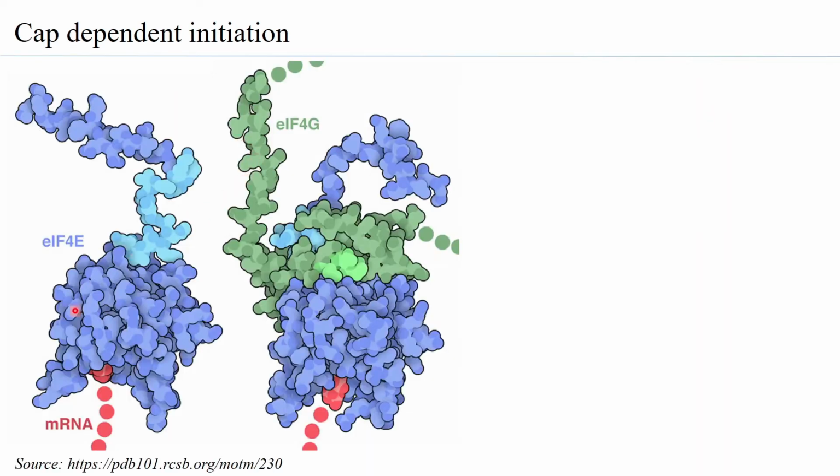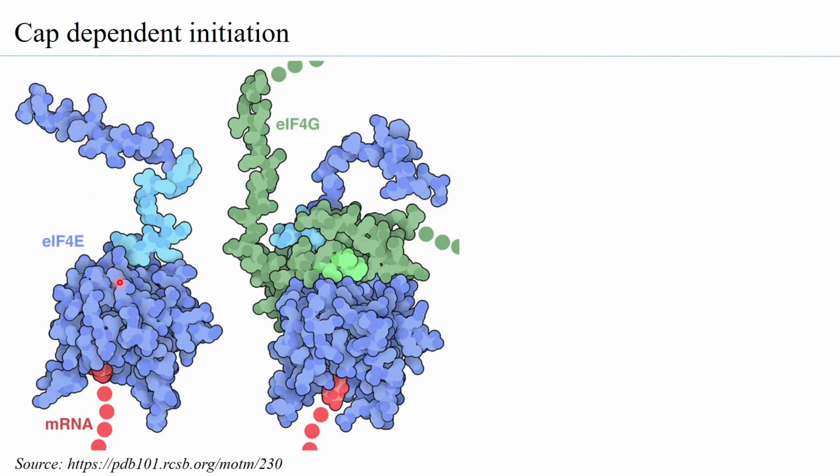Moving further, just to understand how EIF4E and 4G work as a complex, you can see that the EIF4E has a globular region with a flexible tail coming out of it.